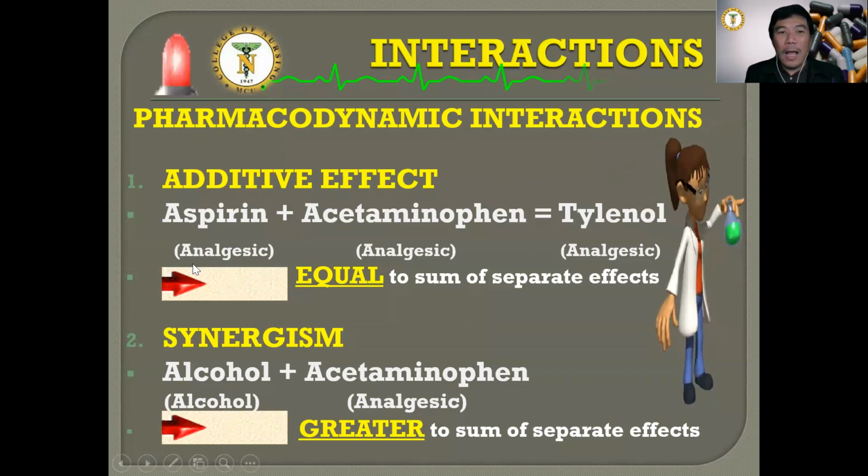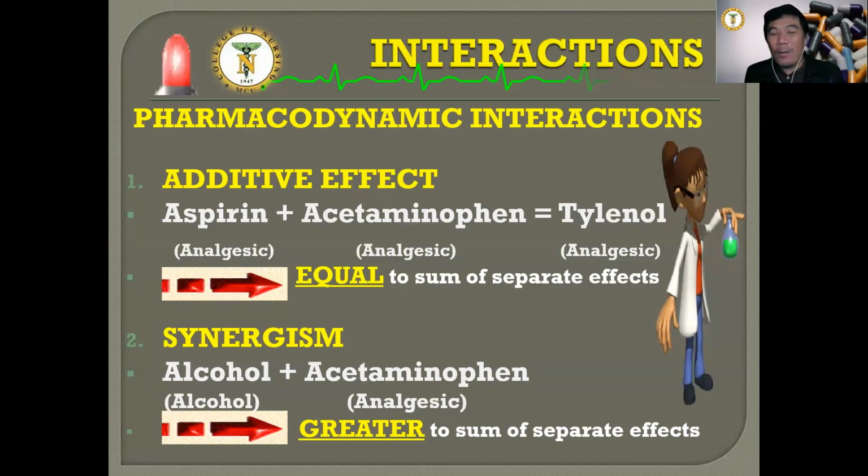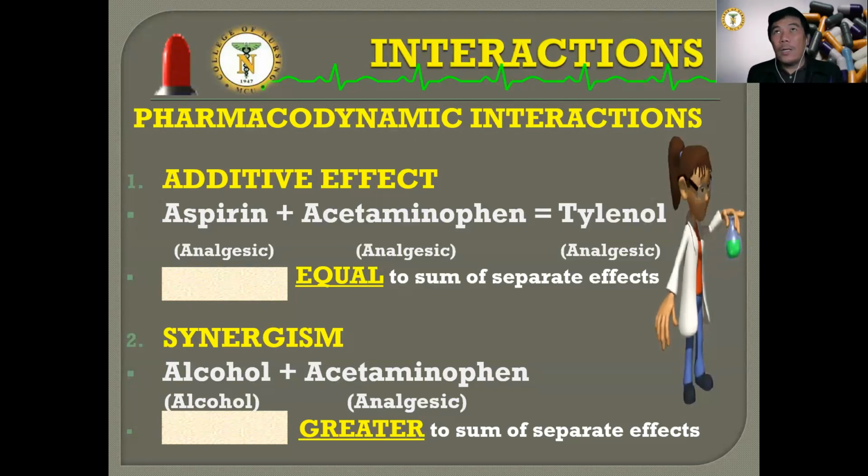So what does it mean? Analgesic gives you same equal to separate effects pero still analgesic. So additive. So more effective yung effect niya when it's mixed with the analgesic and analgesic. Unlike with the synergism, you are producing two or more drugs, but the sum itself is greater.